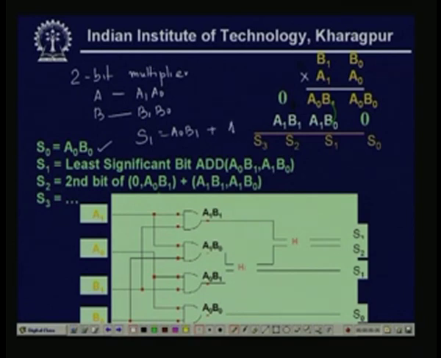So, the sum of the two terms A0 B1 and A1 B0 will actually be S1. Then what will be my S2? S2 is the second bit of A0 B1 plus A1 B1 and A1 B0.